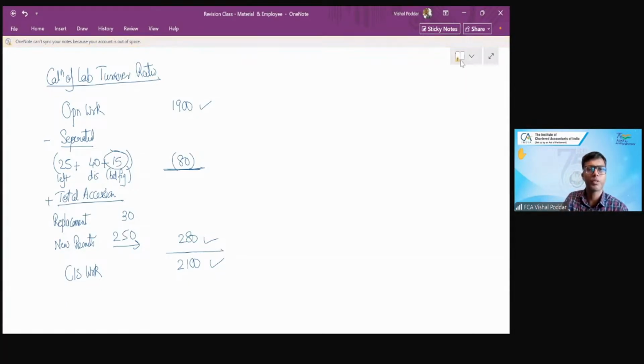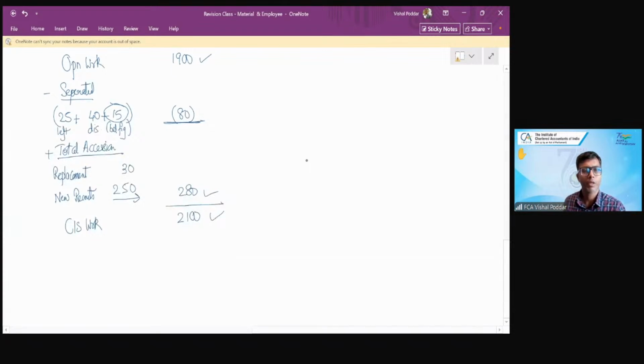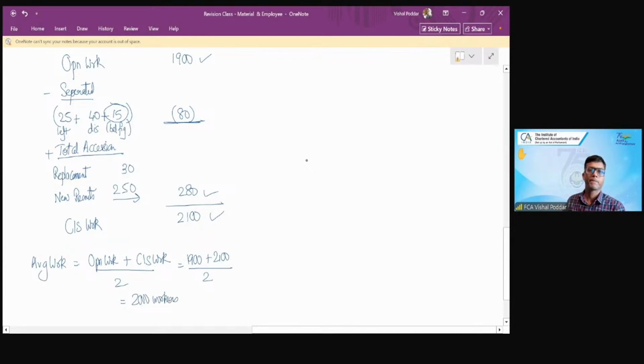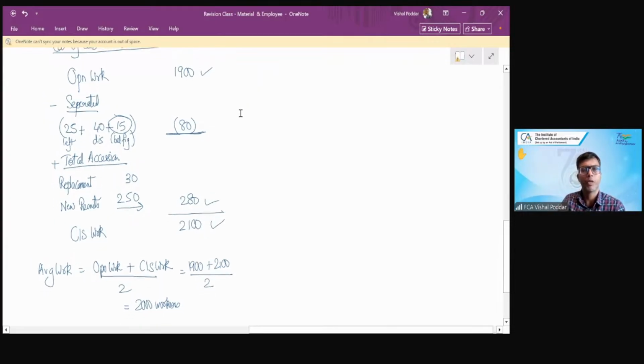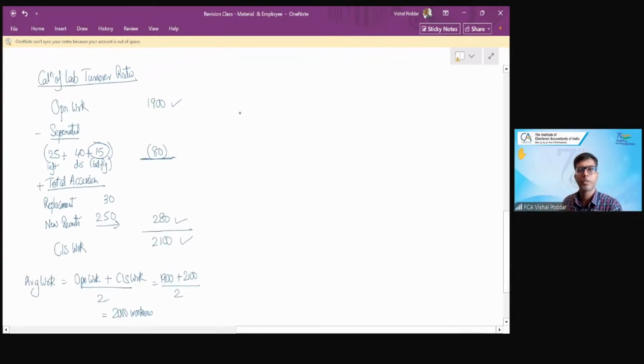Now, once I find this out, I find out average workers, which is opening workers plus closing workers upon 2, that is 2000. Correct?